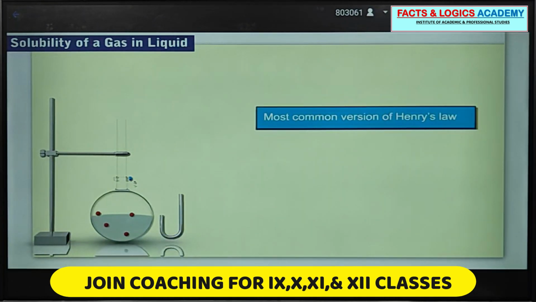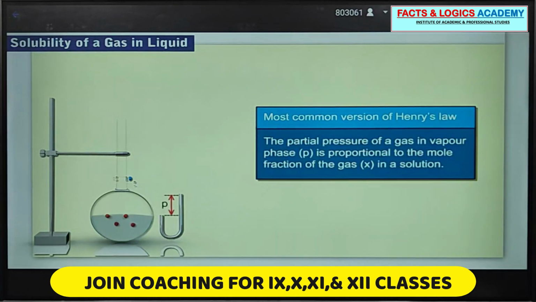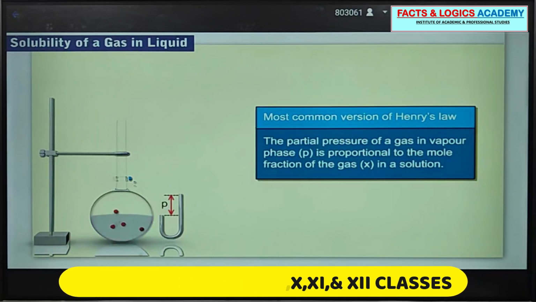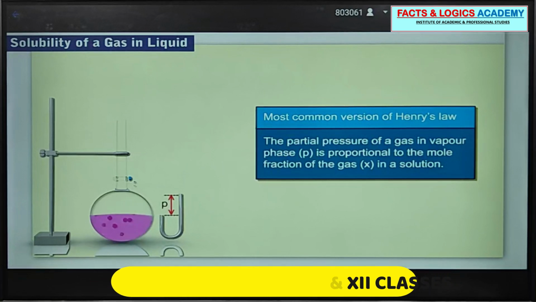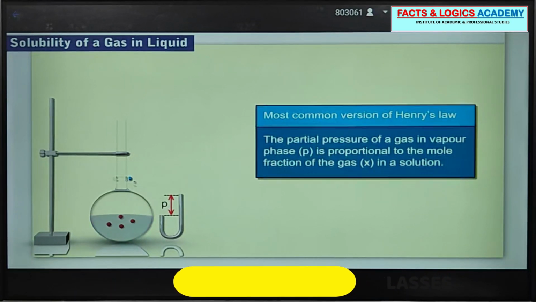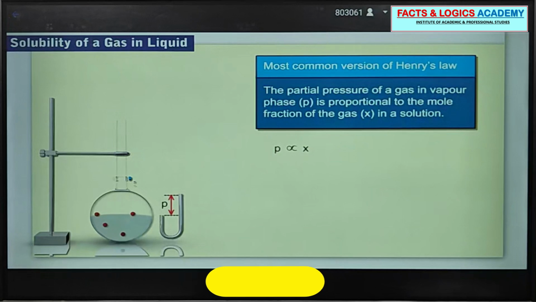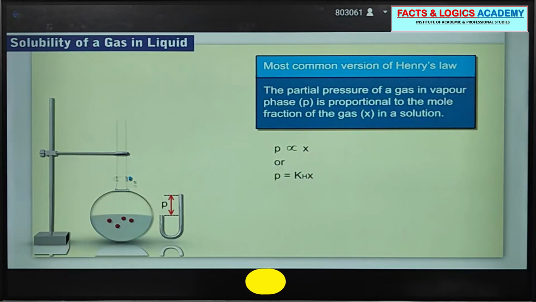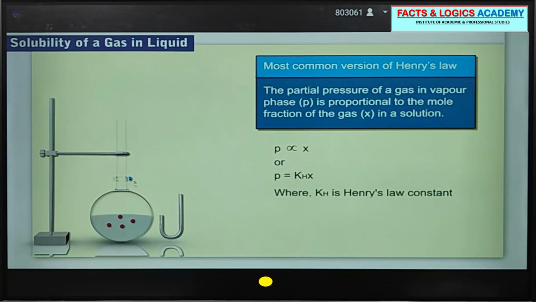However, the most commonly used version of Henry's law is: the partial pressure of a gas in vapor phase P is proportional to the mole fraction of the gas X in a solution. Mathematically, it can be represented as P is proportional to X, or P equals KH X, where KH is Henry's law constant.